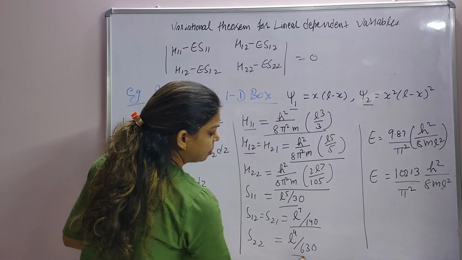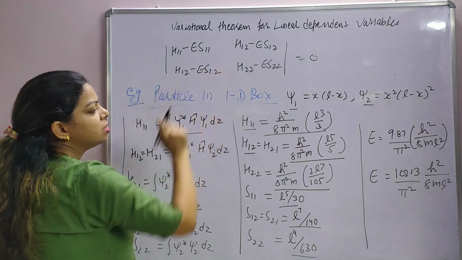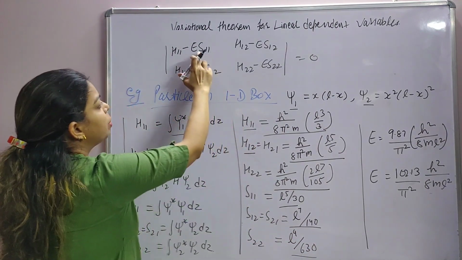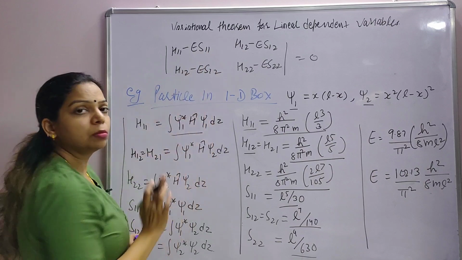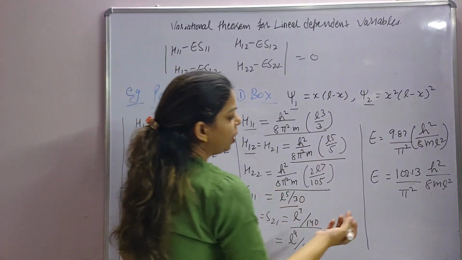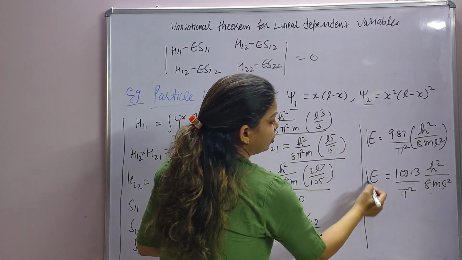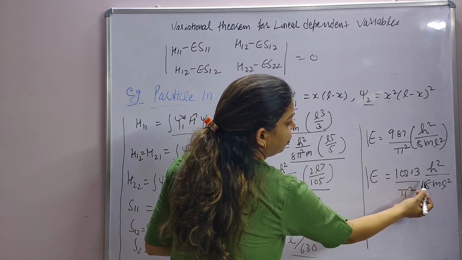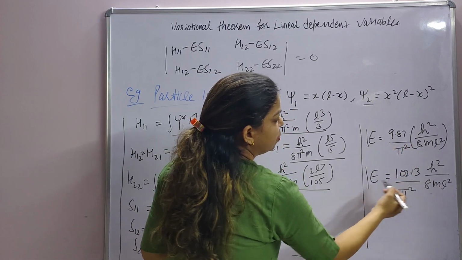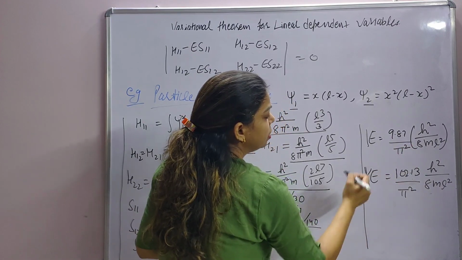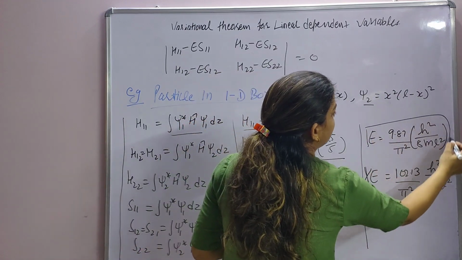When you substitute these values in this determinant and solve, it becomes a quadratic equation in terms of E. So we will get two values of energy, 102.13 and 9.87. The first is very high, so it will not be considered.